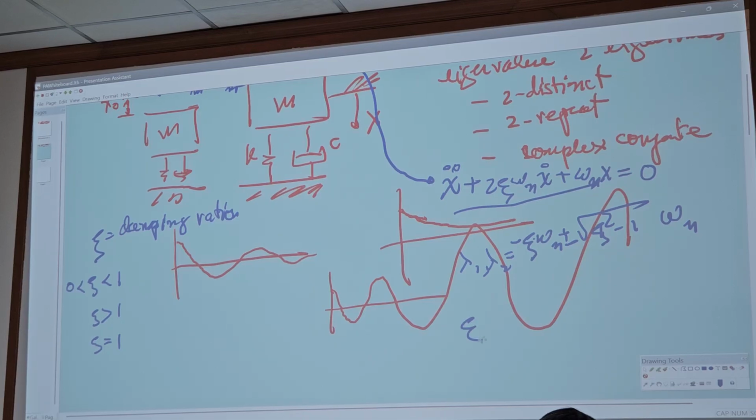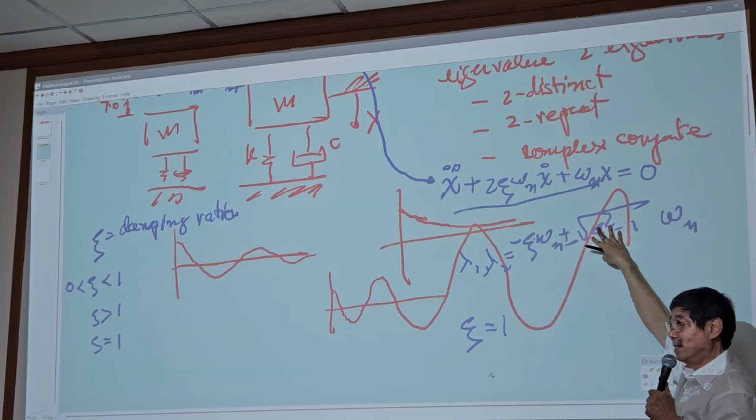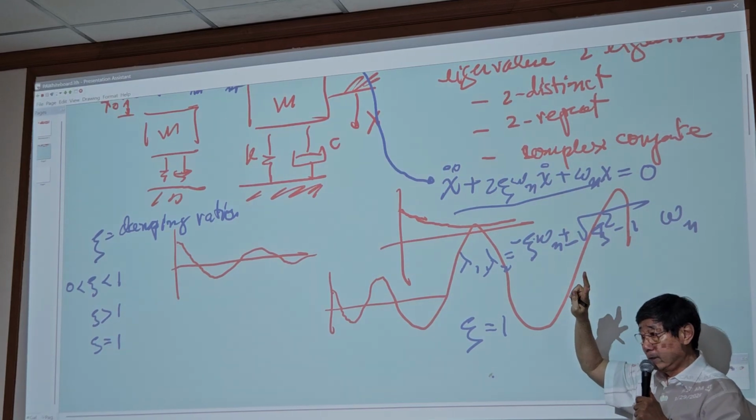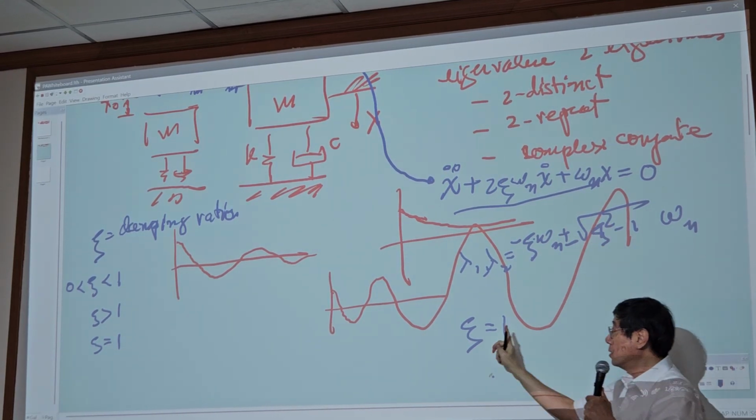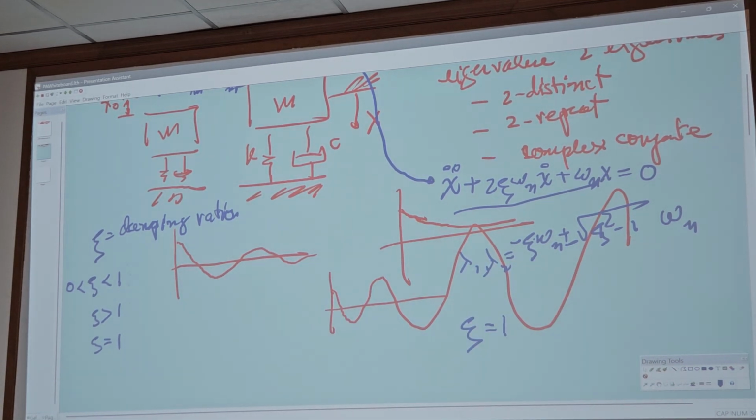If zeta is equal to 1, what happens? You have two repeated roots, which is 0. So if this one equals 0, it's two repeated roots. If zeta is greater than 1, you have two distinct roots.